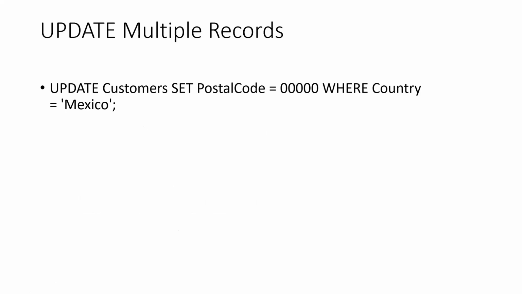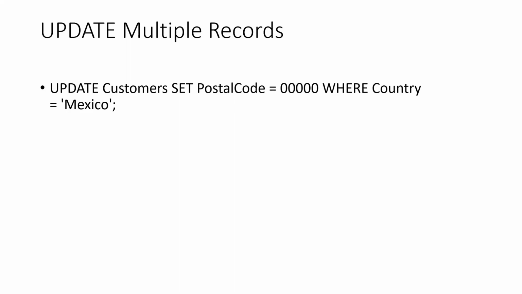For example, in an employees table, in a particular location, so many employees are coming, so their postal code or pin code is mostly the same.